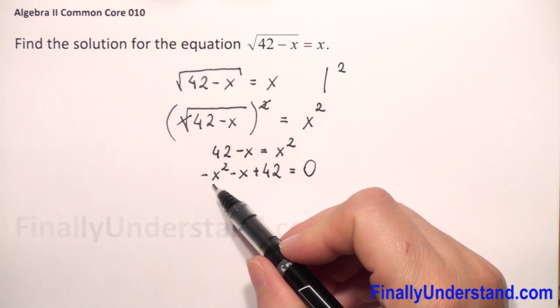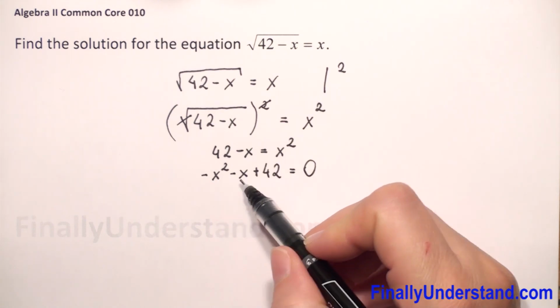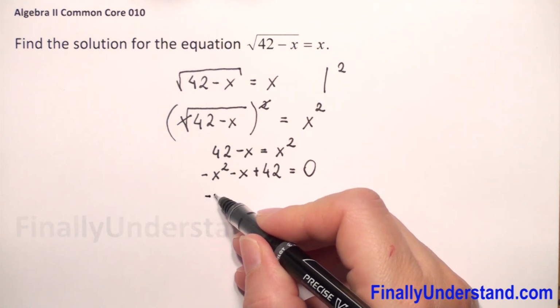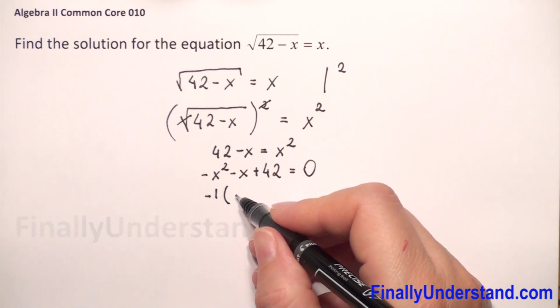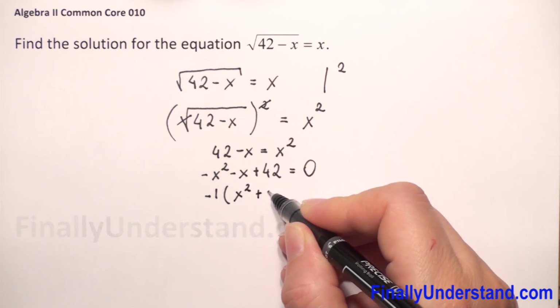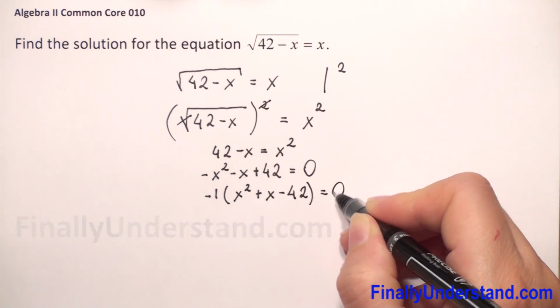Because we have a negative sign before x squared, I will factorize negative 1 from every expression. So I will have negative 1, and in parentheses will be x squared plus x minus 42. This is equal to 0.